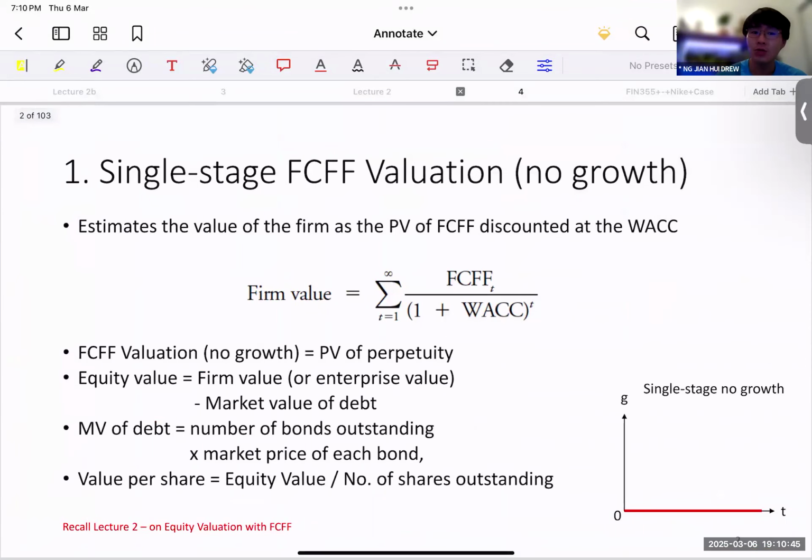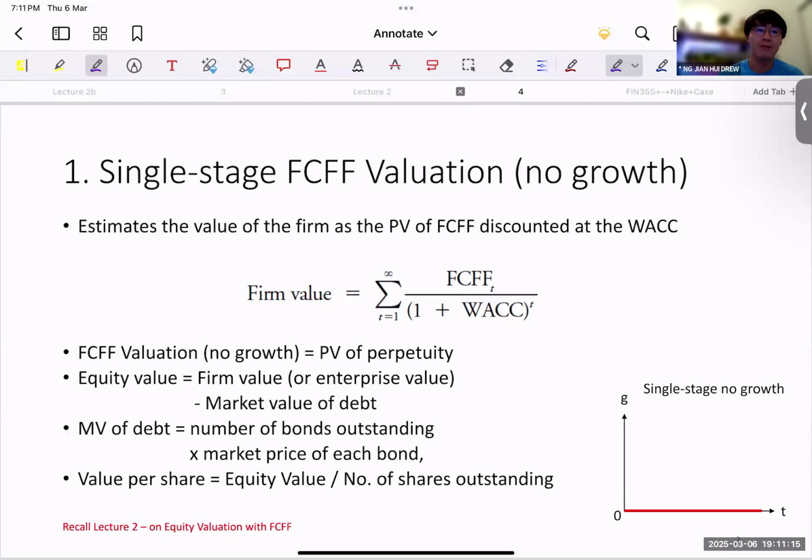So let's do the FCFF. In lecture 2, we already covered the FCFF. Now the discussion is to first go through the various stages. Recall that the broad way we do it is there's no growth, then stable growth, and a two-stage growth model that we covered in your DDM. These three components will also be covered for your FCFF, FCFE, and residual income model.